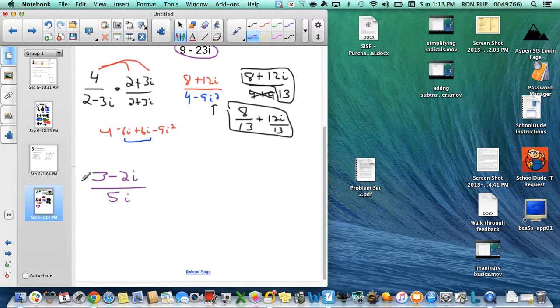So to get rid of this, we are just simply going to multiply each side by the same conjugate here, but we have to make sure that we do the negative of it. So that's the key here. So we're going to multiply by negative 5i over negative 5i.